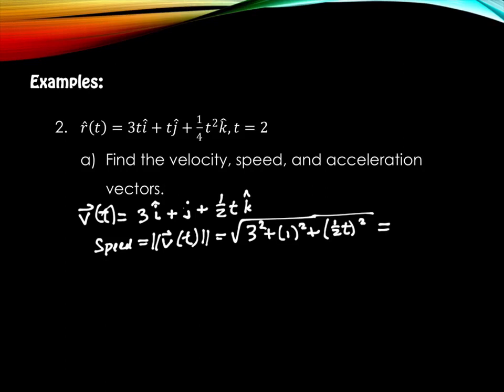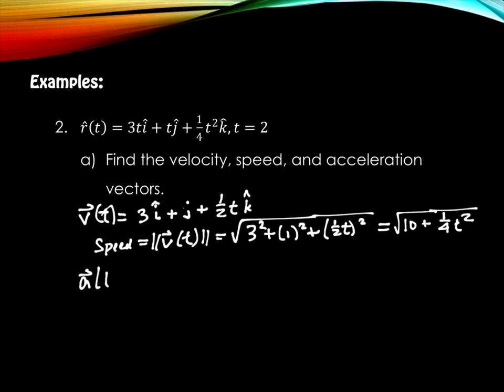Okay, so both the first components are just numbers. 3 squared is 9, 1 squared is 1, so this is the square root of 10. And then the 1/2 t squared would simplify to 1/4, and then it would be t squared, and all that's underneath the radical. So that's our speed.